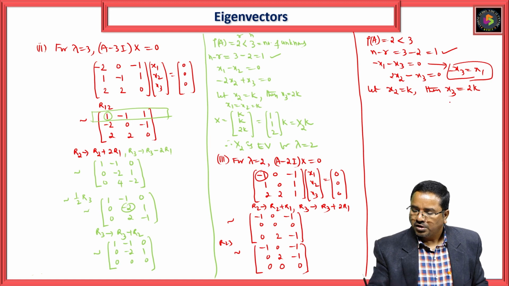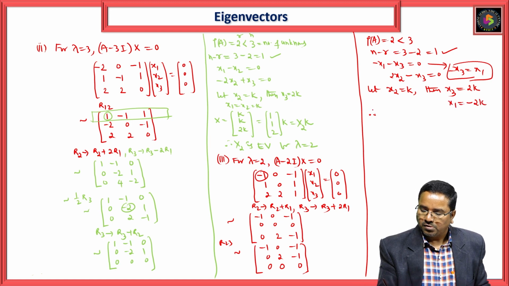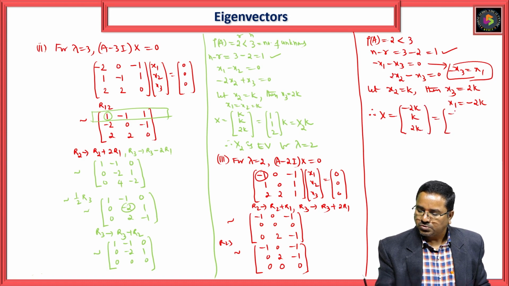So therefore, x1 is equal to minus 2k. Therefore, X is equal to (minus 2k, k, 2k), which is k times (minus 2, 1, 2). Therefore, this is X3, the eigenvector.